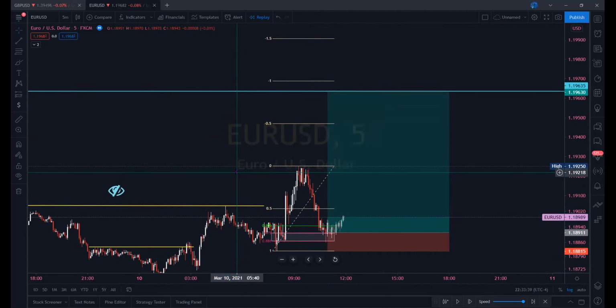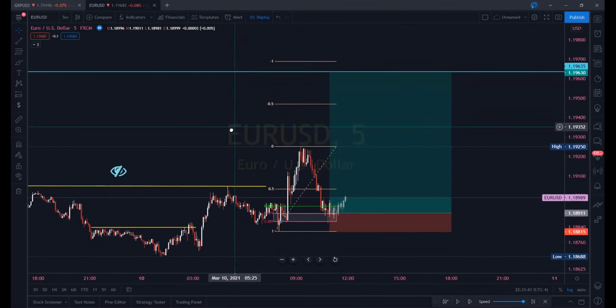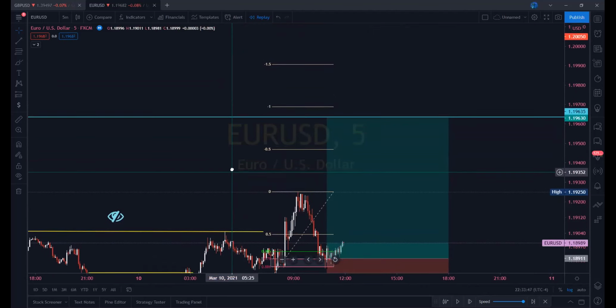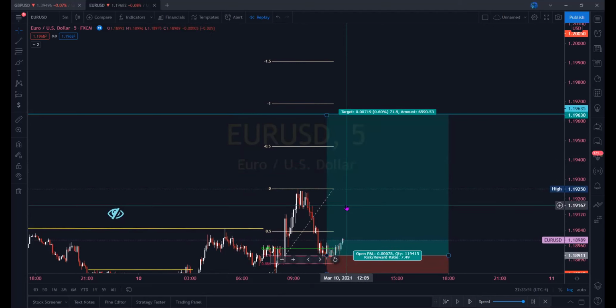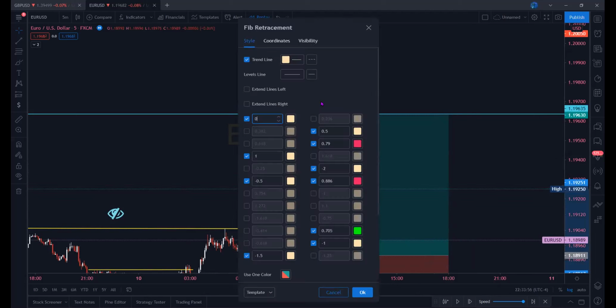So you guys can use these levels, right? And these Fib extensions will help you take partials, right? So what are partials? Essentially, when you enter a trade, right, you have a certain amount of lot size that you have placed. Yes, these are the levels that I have. Just use the ones that are checked. The other ones are irrelevant.